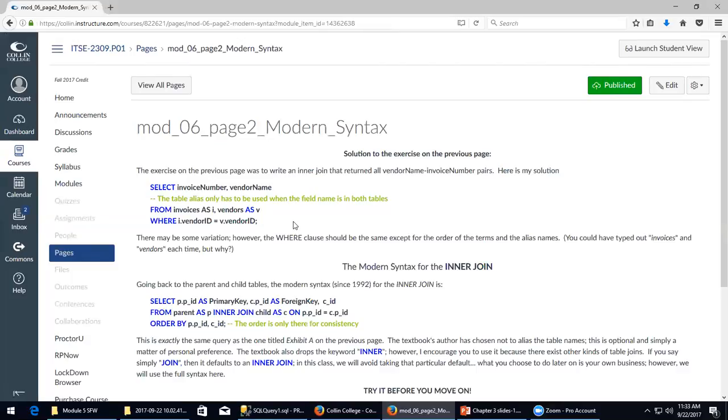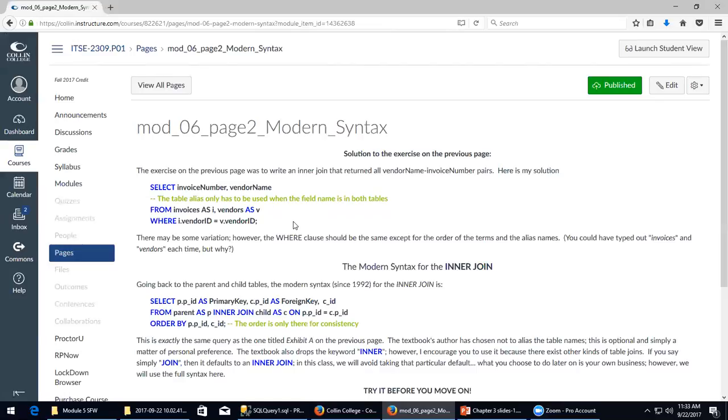I will typically put my primary key on the left of the where clause, where the primary key is equal to the foreign key, but there's no hard and fast rule that says you have to do it that way, because equal works just as well either way. Equal means is the same thing. Doesn't matter. Maybe there's some variation on what you name them or whether you alias them or didn't.